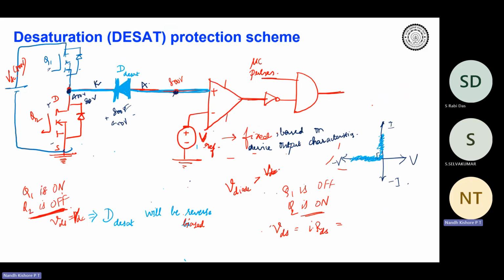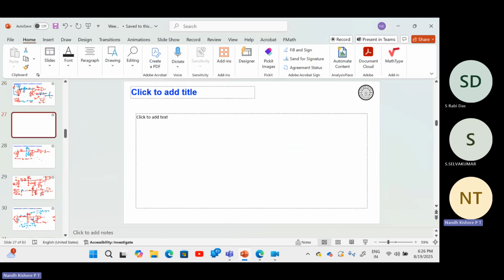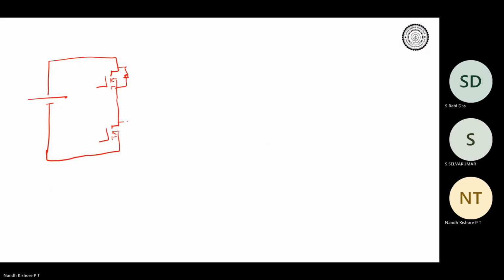See, you understand when Q1 is on, right? So let me take another figure or another slide, right? So the circuit we are having right now is, we label this as Q1 and this is Q2.